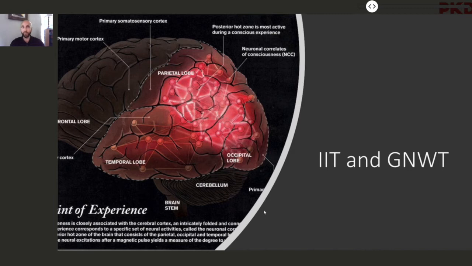This distinction between phenomenal and access consciousness also becomes important for my attempt to bring together integrated information theory and the global neuronal workspace theory. Specifically, IIT focuses more on phenomenality, and GNWT focuses more on conscious access.